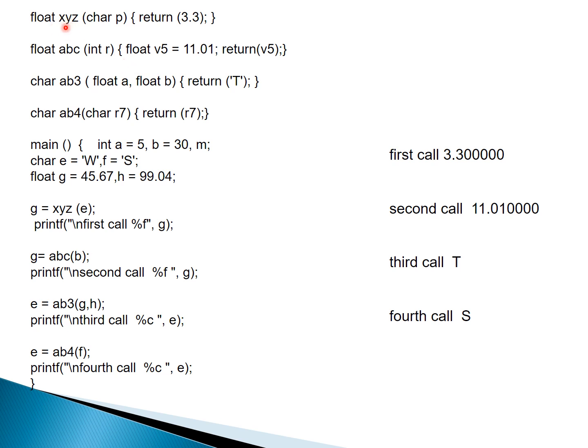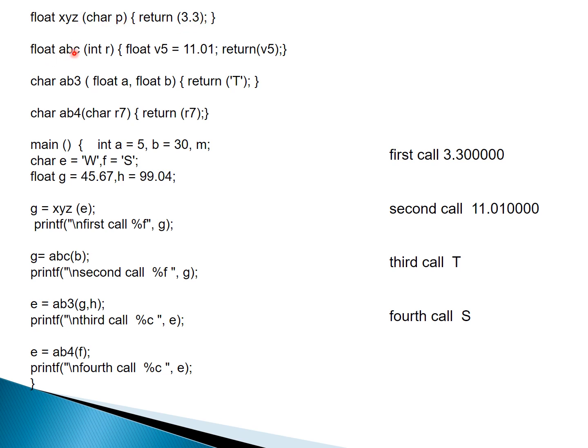The name of the function is xyz. The return type is float because it is returning 3.3. Whatever it receives will be stored on p, and it will only receive a character variable, and it will return 3.3. So it has only one statement, which is this one. So this is function number 1.